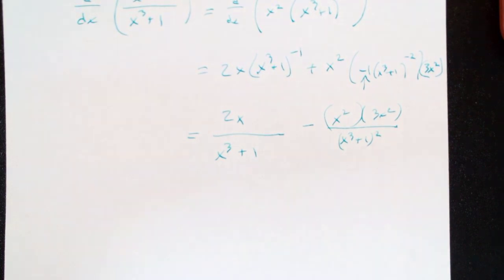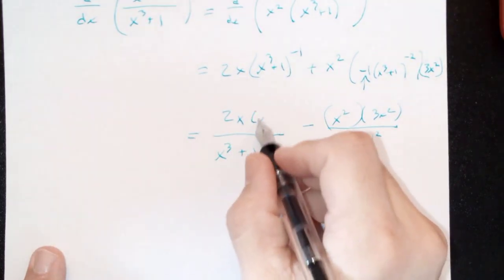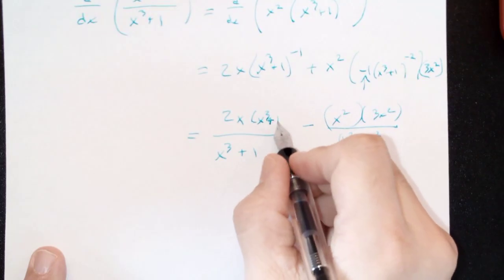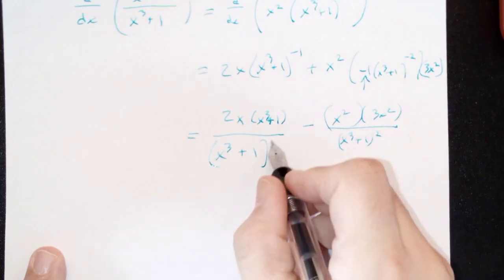The left fraction has a denominator of x cubed plus 1. The right fraction has the same thing but squared. So I would need to multiply the left fraction by 1. But that 1 would be x cubed plus 1 on top and x cubed plus 1 on the bottom.